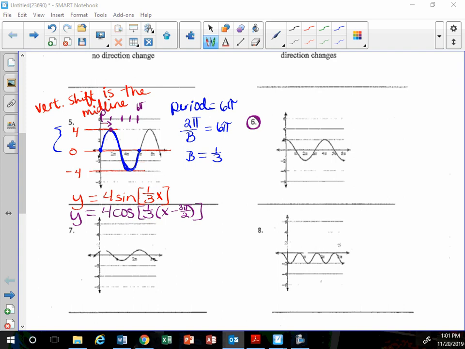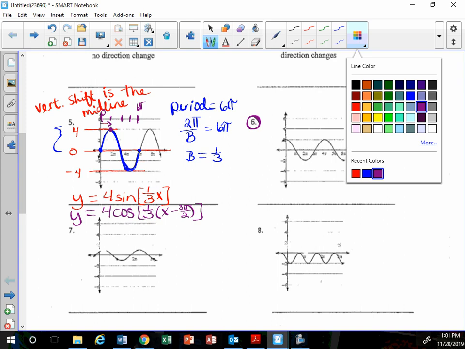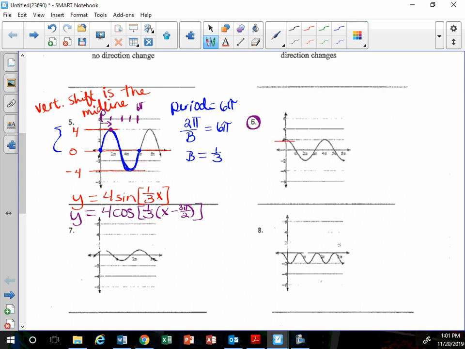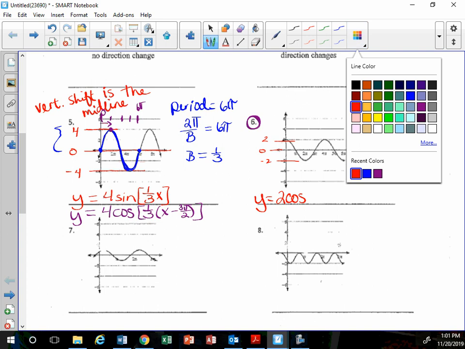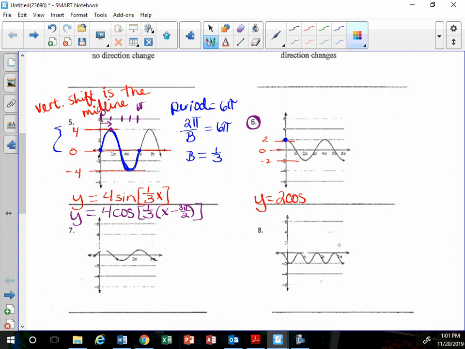All right, guys, let's look at 6. Looks like it goes -2. So did we start with 2 cosine? Okay, the period of this graph. Guys, they graphed for you more than one period. A maximum to the next maximum is one cycle of the graph.